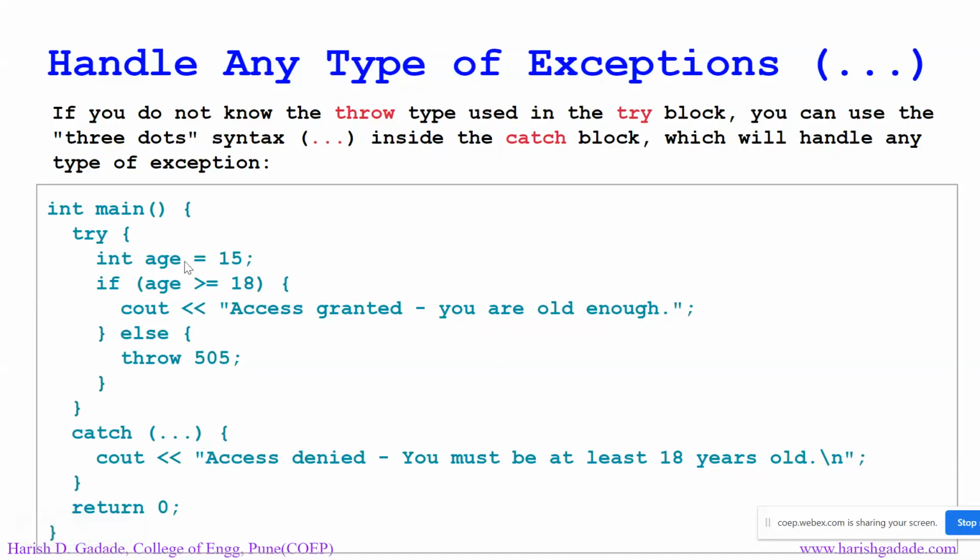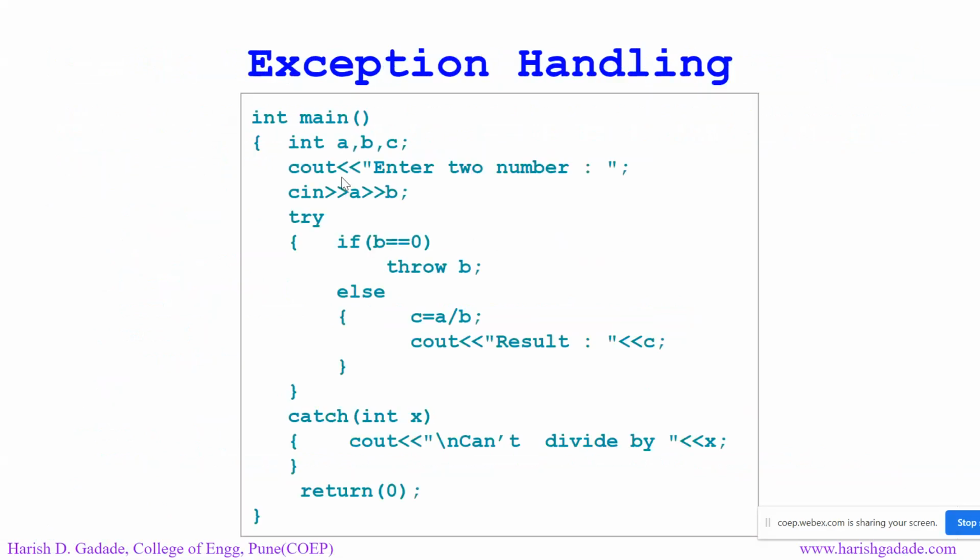In this case, if age equals 15, then this would be printed. The one thing you need to understand is that if you don't have any idea about the type of the variable in catch, you can use these three dots, so that the catch variable will be considered, we can say, a universal type. Okay.